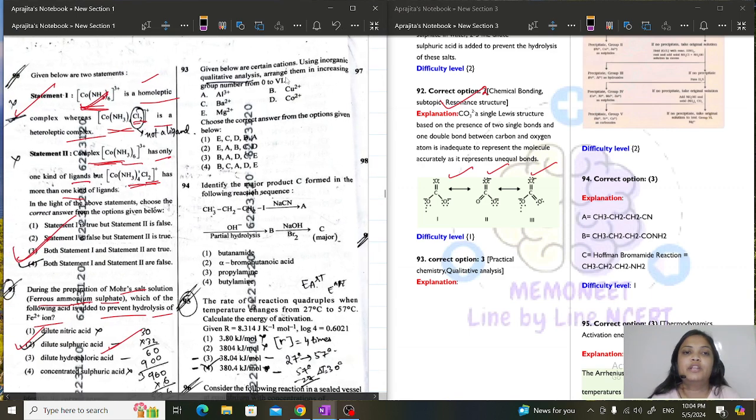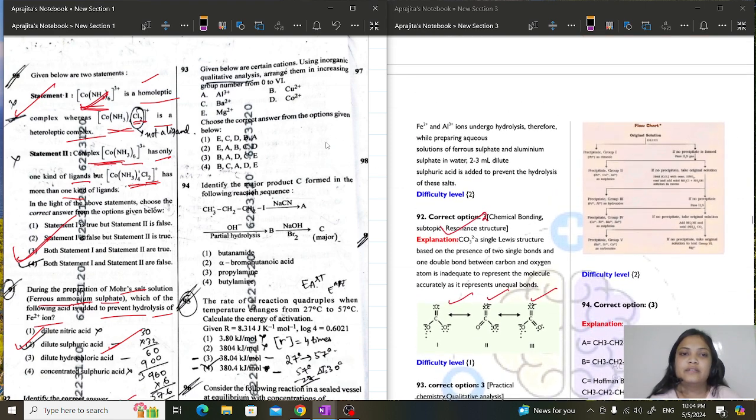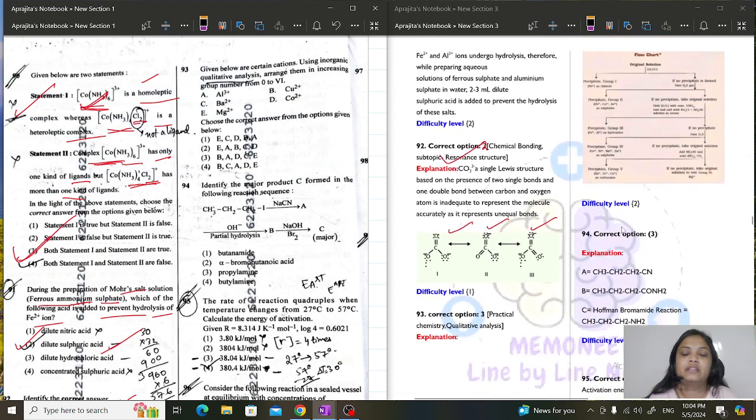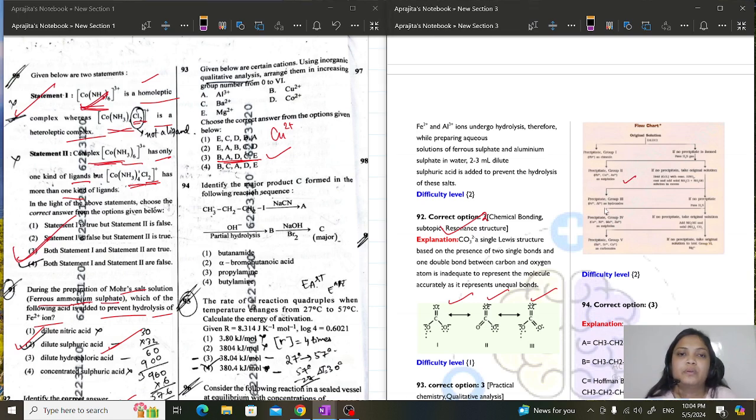We have to arrange the given ions from group 0 to 6. So in question number 93, the answer is option number 3. The first one would be copper ions, which belong to group number 2. Then it's aluminium ion in group number 3.